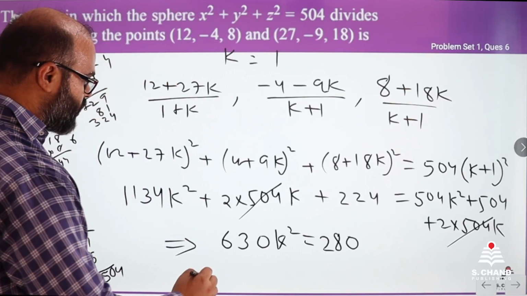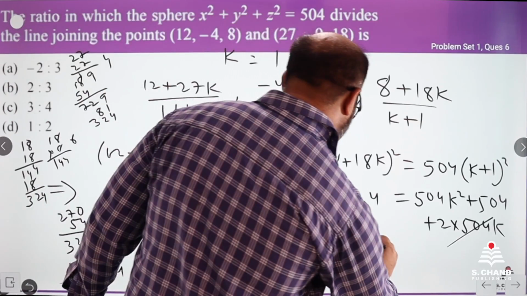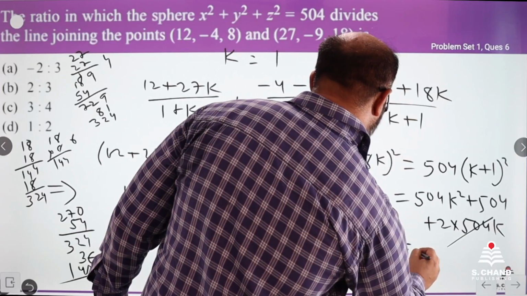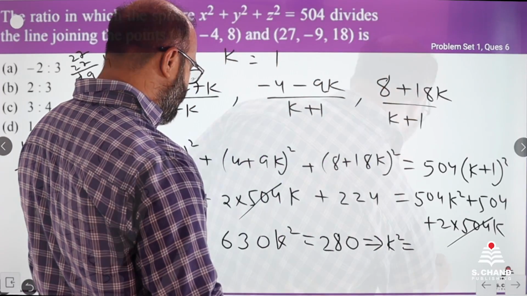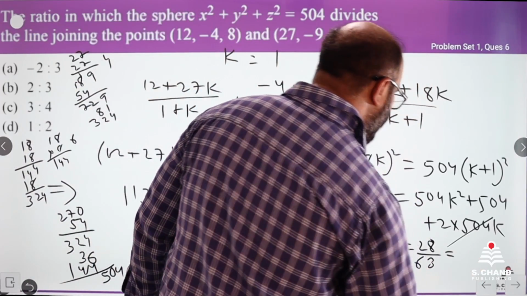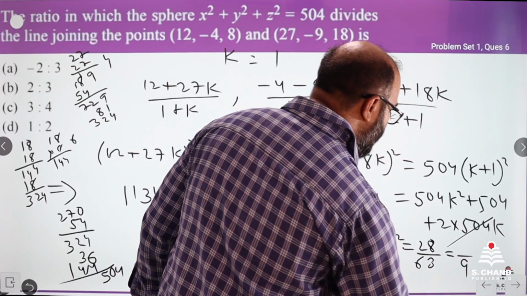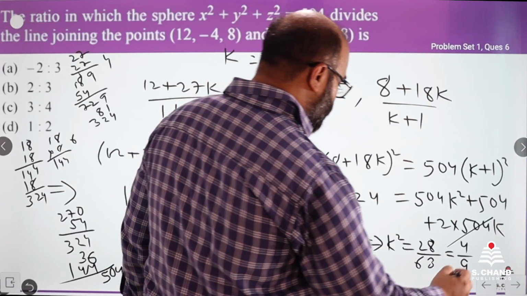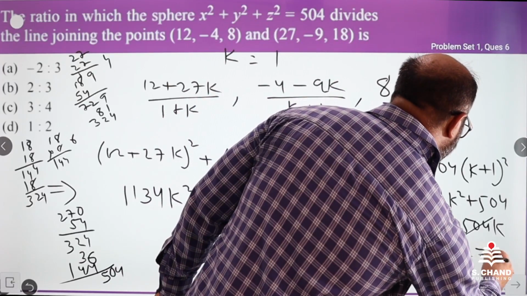So 280 by 630, that will be 28 by 63. So 9, 7 is 63, this will become 9, and 4, 7 is 28, this will become 4. So k is equal to 2 by 3.